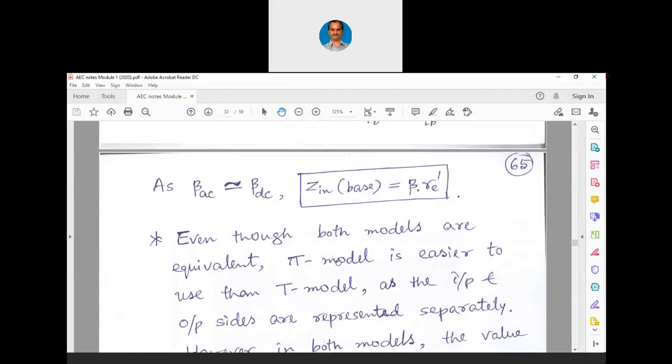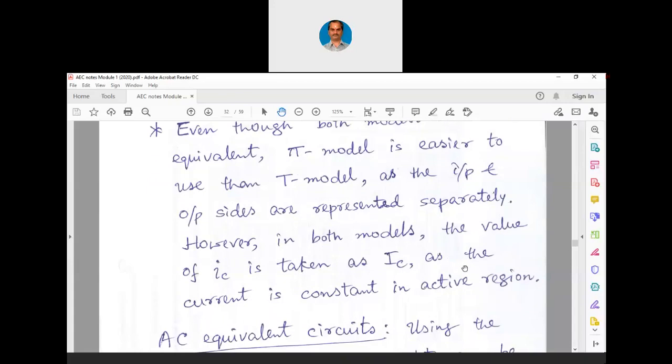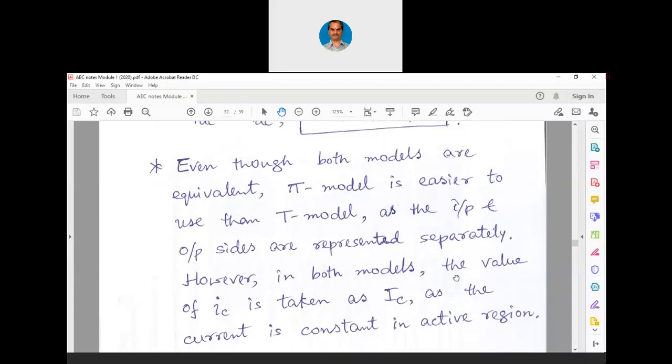Even though both models are equivalent, the pi model is easier to use than the T model as the input and output sides are represented separately. However, in both models, the value of small IC is taken as capital IC. Why? Because as the current is constant in the active region, we will not be using a dynamically changing AC current.